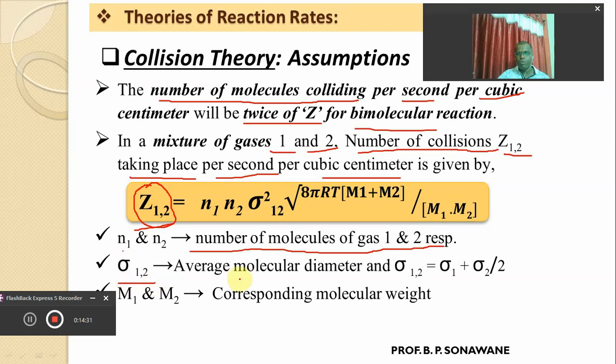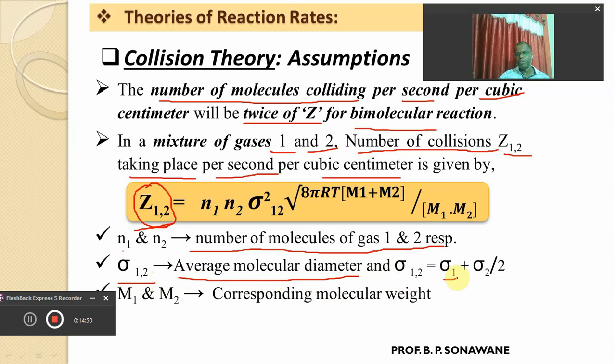Sigma 12 is the average molecular diameter, because it is not possible to measure the exact diameter of a molecule. As two gases are involved, sigma 12 is the average diameter of molecules of gas 1 and molecules of gas 2.